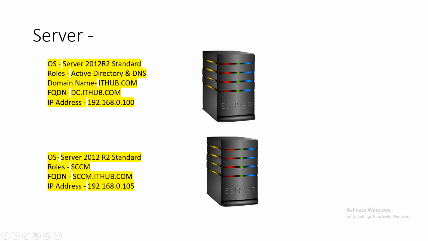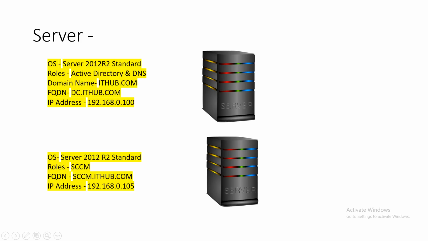Exactly how we will create our infrastructure: in the first virtual machine I will install Active Directory, with Server 2012 R2 Standard, and I will install Active Directory and DNS. This would be my domain name, ithub.com. You can put any name that you like. My FQDN is dc.ithub.com, and this is the IP address I will configure in my Active Directory, 192.168.0.100.